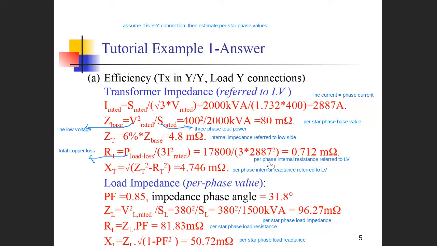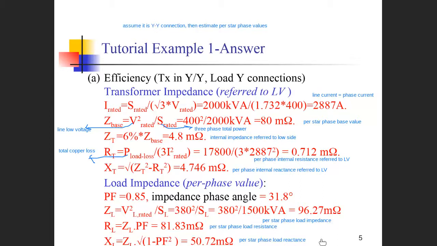Okay, we have the transformer's per star phase internal resistance and per star phase internal reactance, and now we find out the per star phase load impedance, per star phase load resistance, and per star phase load reactance.